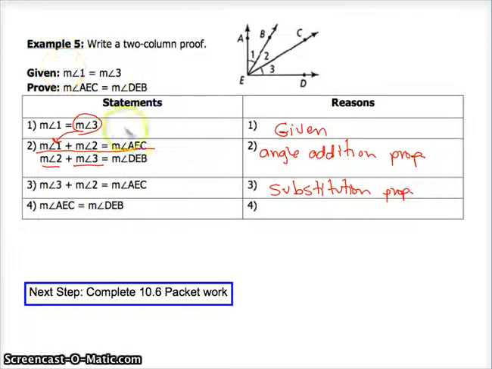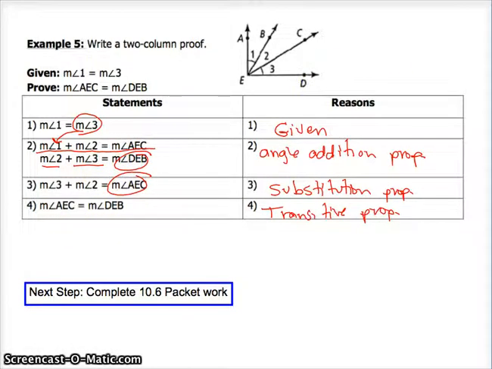So I can use the transitive property to determine that AEC is equal to DEB. And again, that's because the measure of angle 3 plus the measure of angle 2 is equal to AEC. The measure of angle 2 plus the measure of angle 3 is equal to DEB. Therefore, these two have to be equal to each other.